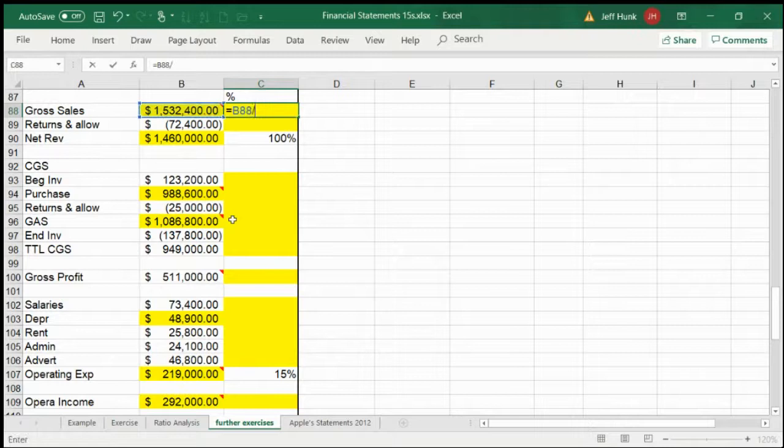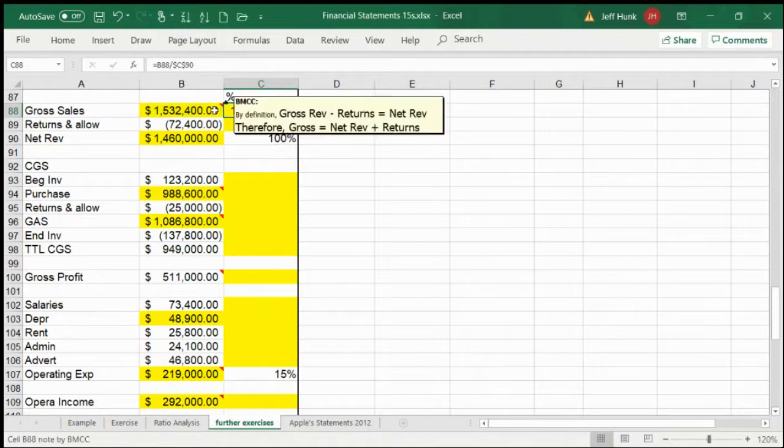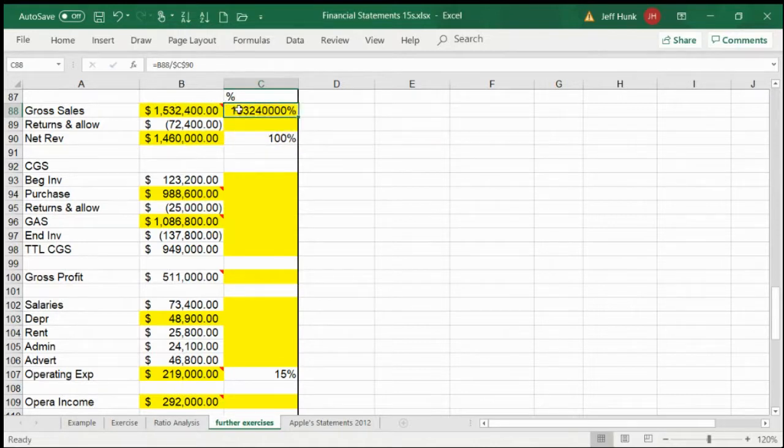And of course, then all you need to do is divide each line item by the net revenue, and you're gonna lock the denominator, so you can just simply drag it down.